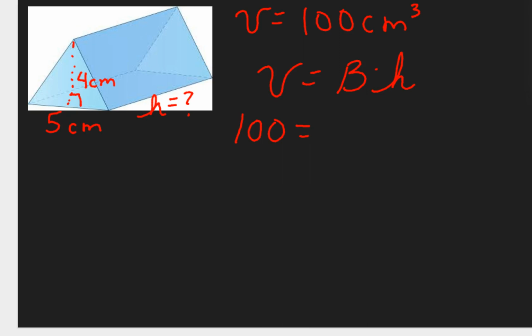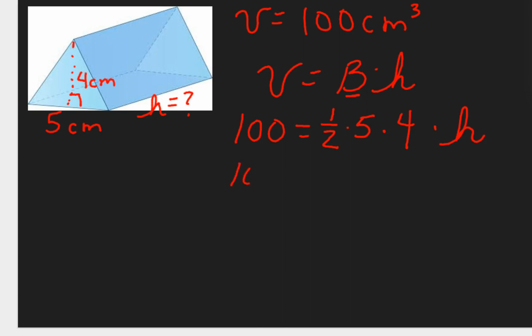To find the base area, this is a triangle, so we're going to have to take 1/2 the height times the base. Sorry, the base of that triangle is 5 and the height is 4. So that takes care of the capital B that's right here. Then we have what we're looking for, H, which is the height of the prism.